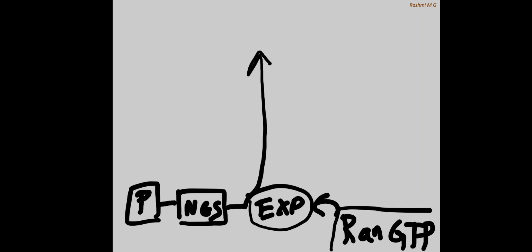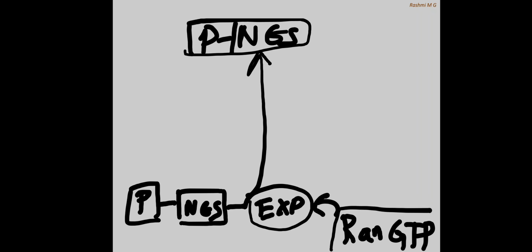Here in the cytosol, the RAN GTP releases the exportin, and that RAN GTP and exportin gets back to the nucleus, releasing the protein along with the signaling sequence in the cytosol itself.